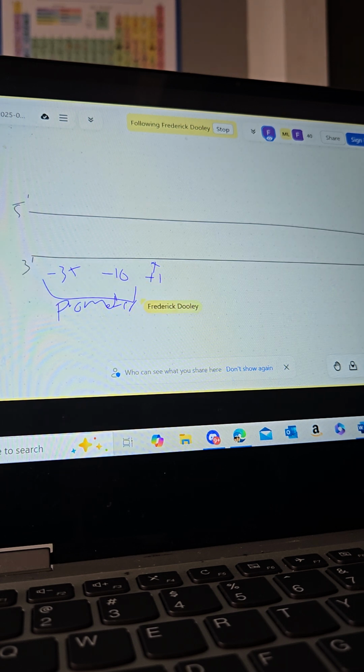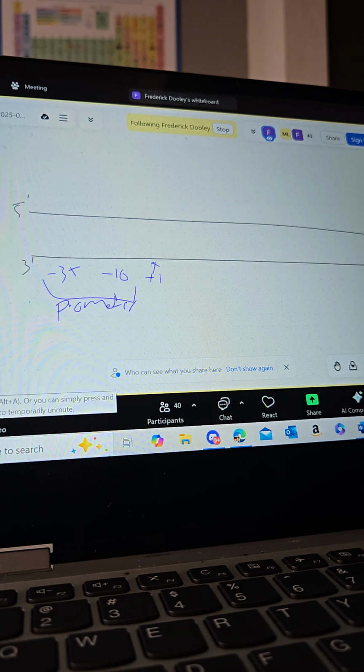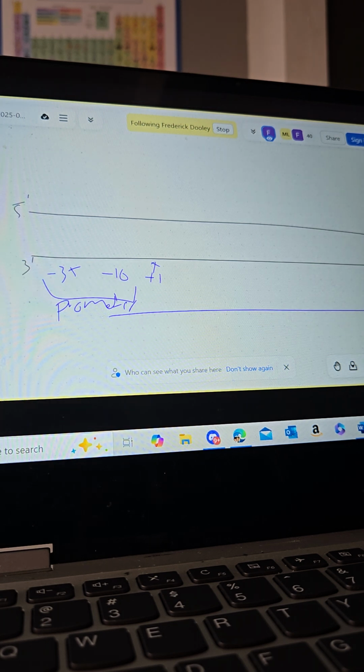That means what direction is the enzyme moving? Left to right. And what enzyme is that? RNA polymerase. Excellent. Okay.